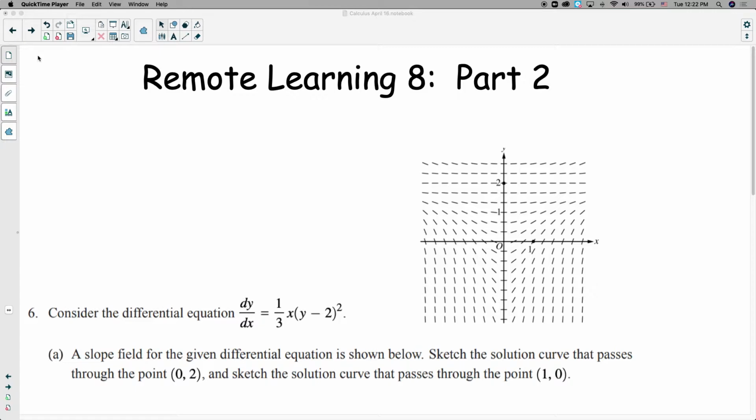Okay, so this is from the 2018 exam, and we're to consider a differential equation that is written as dy/dx. So keep in mind that dy/dx is the slope of the function.